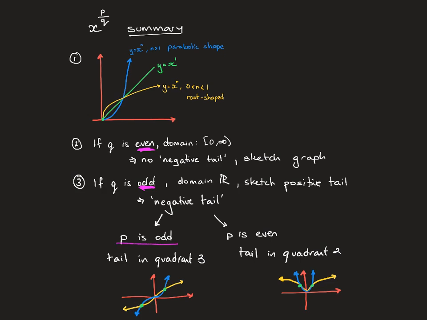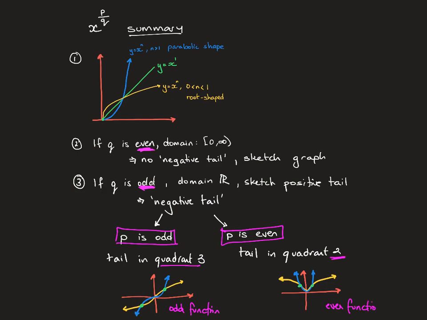If p is an odd number, the tail is in quadrant 3, and what you get is an odd function. If p is even, the tail is in quadrant 2, and what you get is an even function.